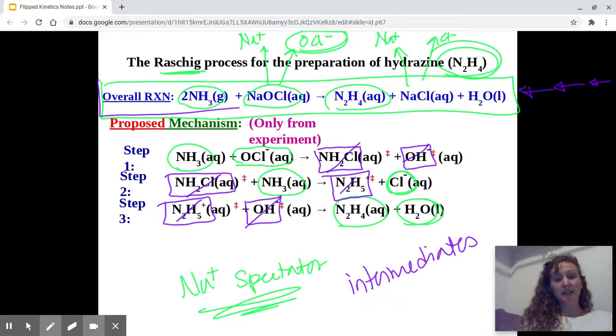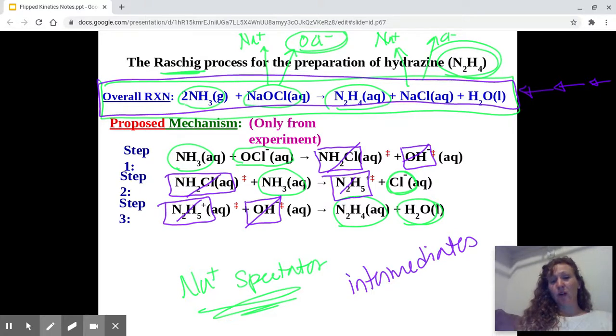Usually, up until this point in our chemistry career, we have only dealt with the overall reaction. We've never actually dealt with reactions that have intermediates. And, fun fact, after kinetics, we won't deal with mechanisms anymore, so we're not going to deal with intermediates anymore either. For all of our other purposes, like, do we want to know the energy of a reaction?